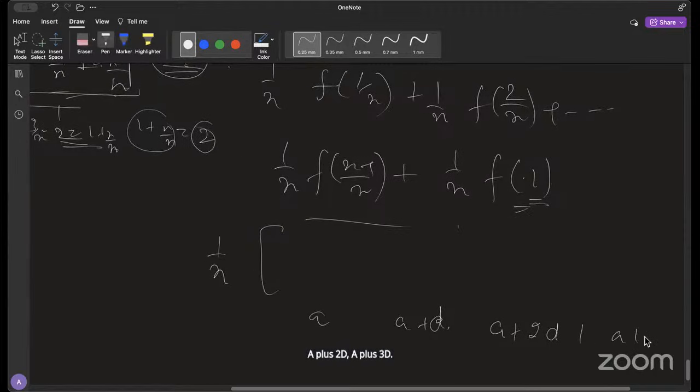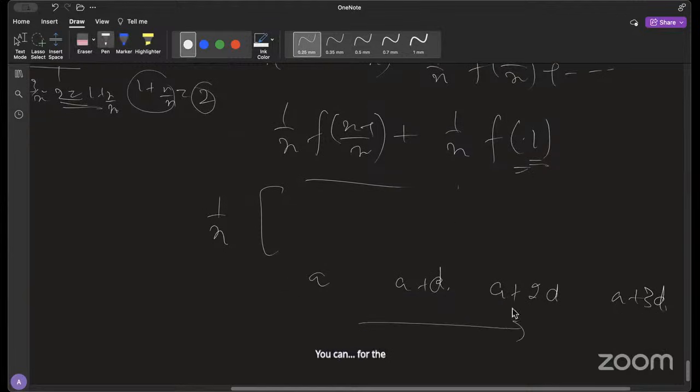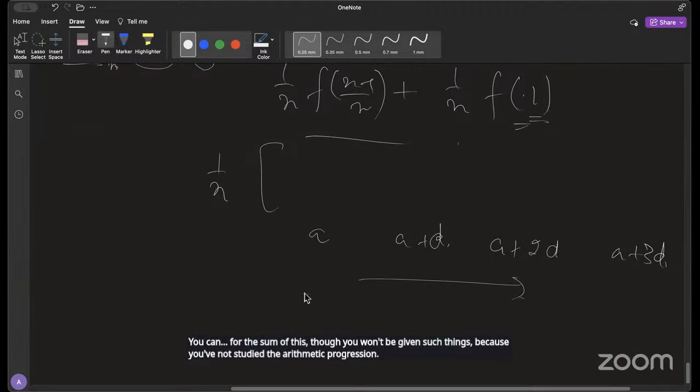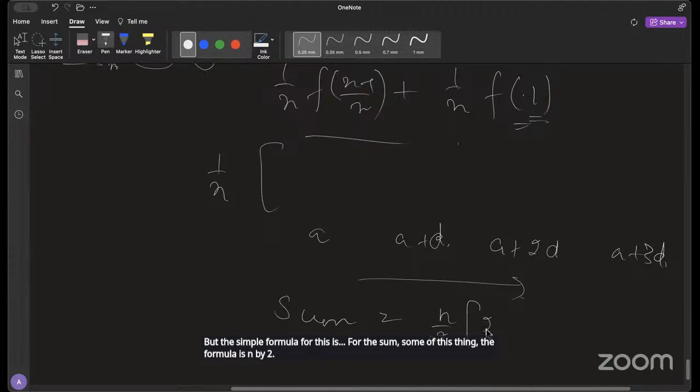If this is the pattern, you won't be given such things because you've not studied arithmetic progression, but the simple formula for the sum of this is n by 2 times 2a plus n minus 1 d.